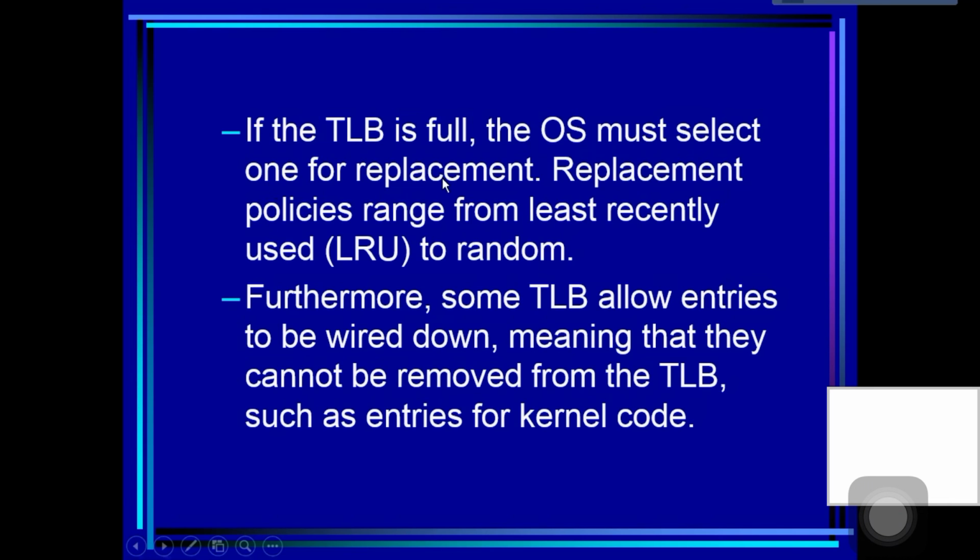So this involves a replacement algorithm. Replacement policies range from least recently used to random. About this algorithm, LRU, we'll learn in the next chapter, so here I will omit it.